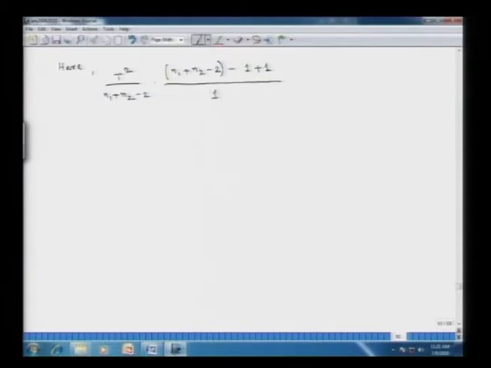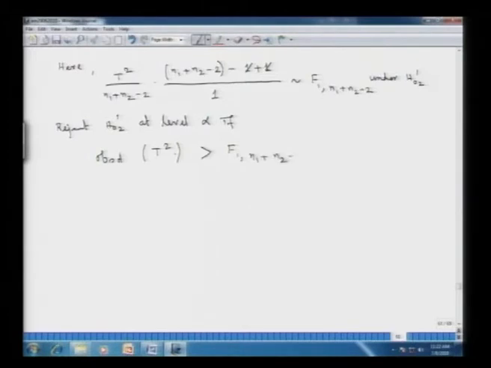This would follow a central F distribution on 1 and n1 plus n2 minus 2 degrees of freedom under the null hypothesis H naught 2 prime, and we will reject H naught 2 prime at level alpha if the observed value of this t square, since the factors cancel out, is greater than F with 1 and n1 plus n2 minus 2 degrees of freedom at alpha, where this point is the upper alpha percent cutoff point of a central F distribution on 1 and n1 plus n2 minus 2 degrees of freedom, and accept H naught 2 otherwise.